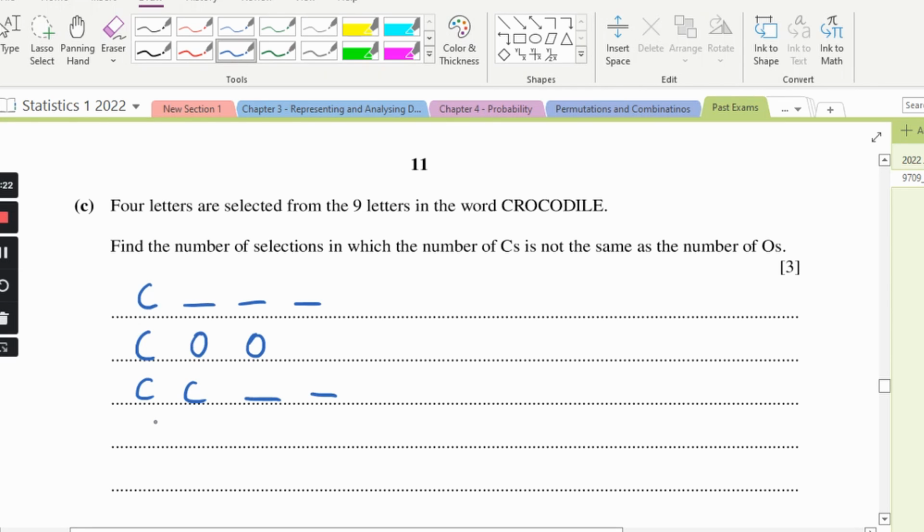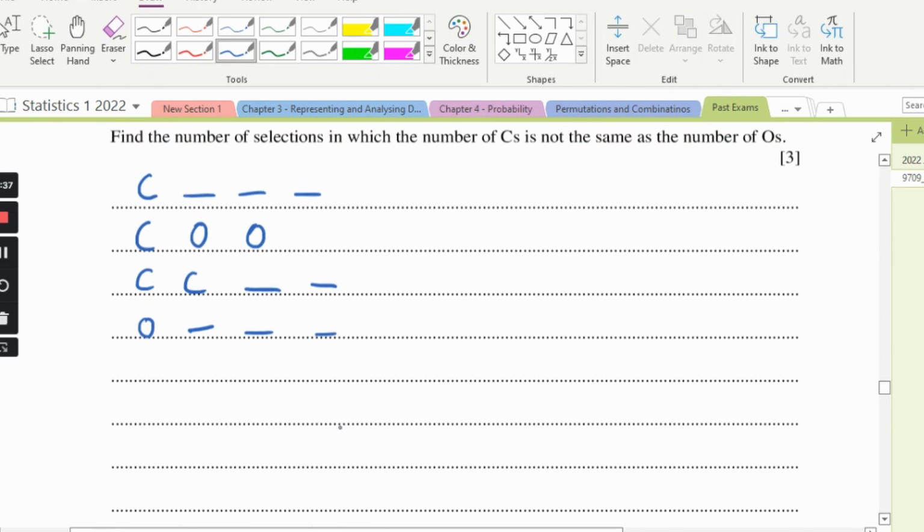We could get, what else could we get? We could go 1 O and no C's. What else could we do? Anyone got some other ideas here? 2 C's and 1 O. 2 O's and a C. Whoops. We've done that one, haven't we? Yes. 2 O's and nothing.